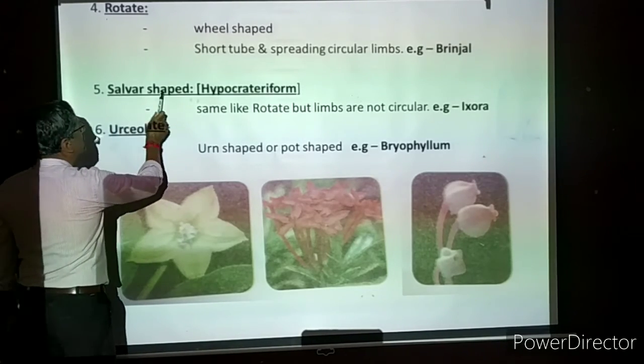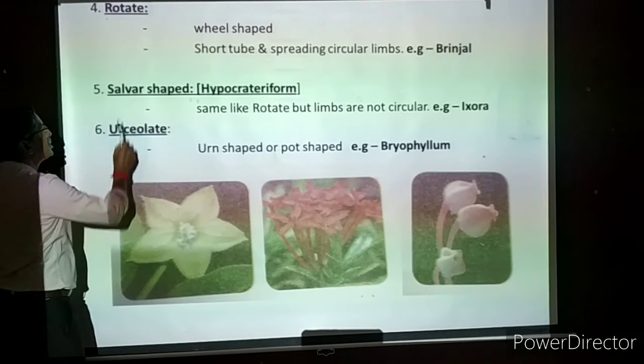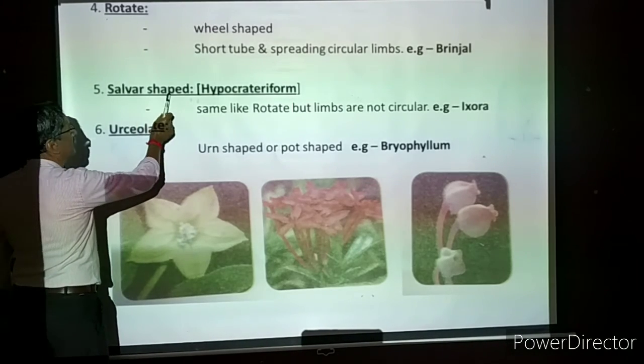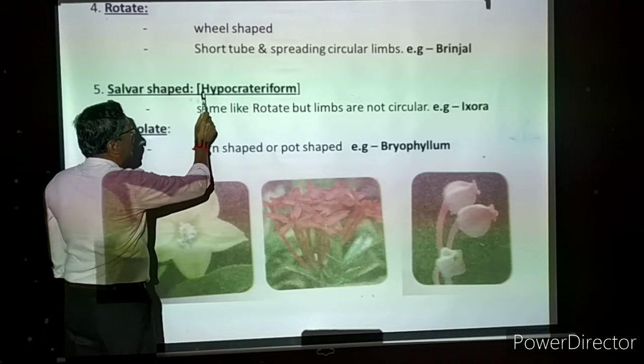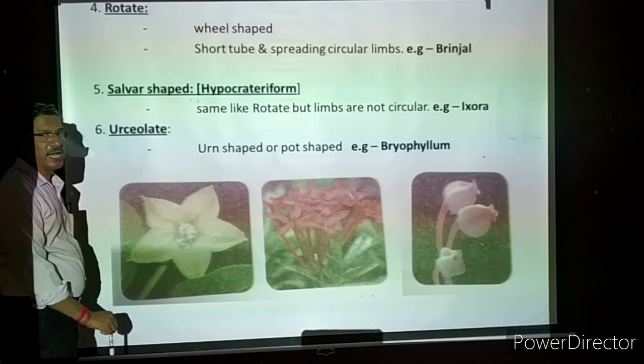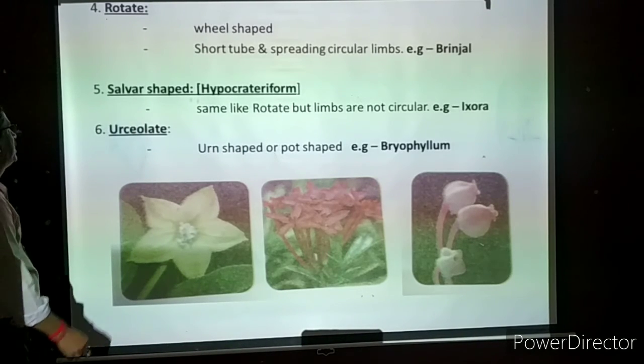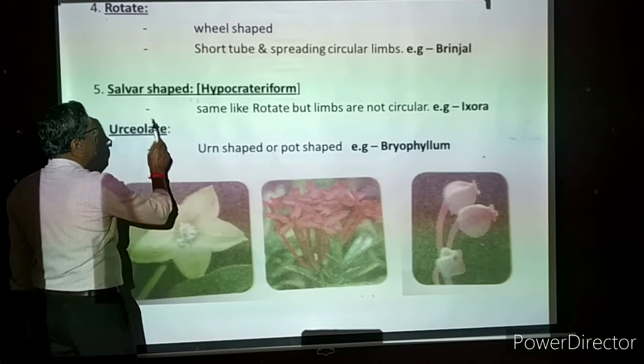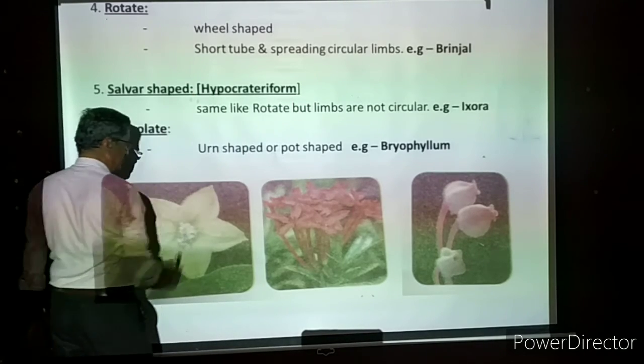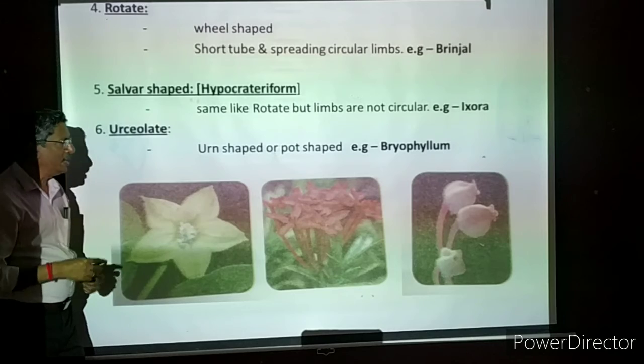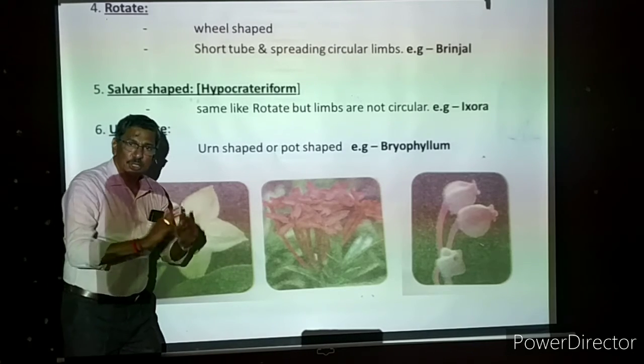Then the salwar shaped corolla. Another term is hypocrateriform. It is another name for this. It is the same as rotate: the lower portion is a long, tube-like structure and the petals are also spreading out.